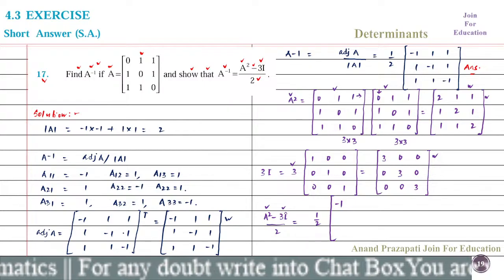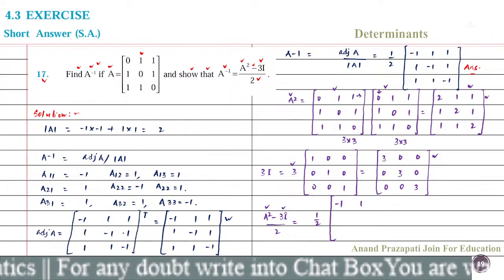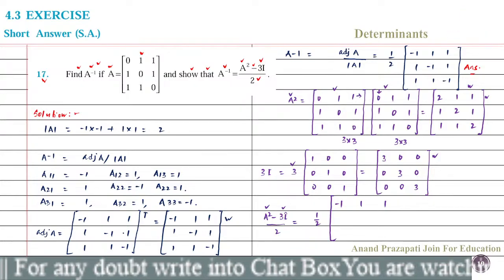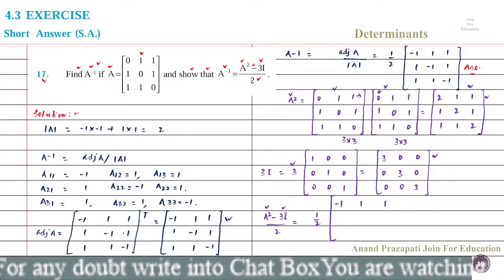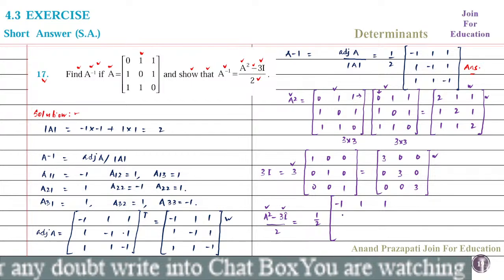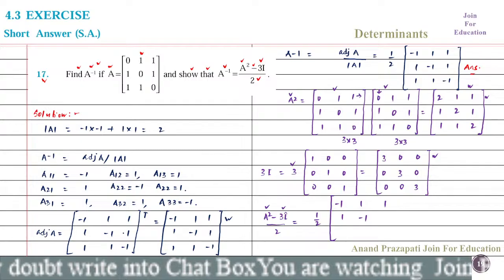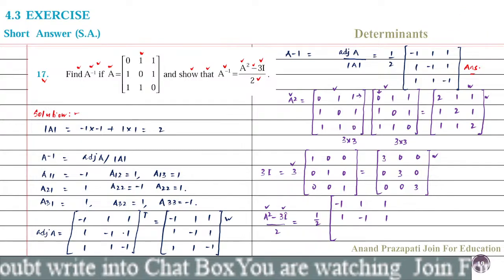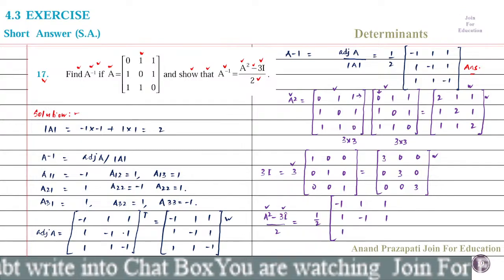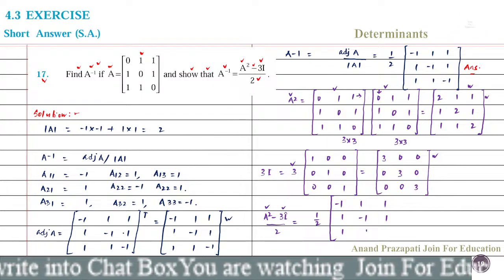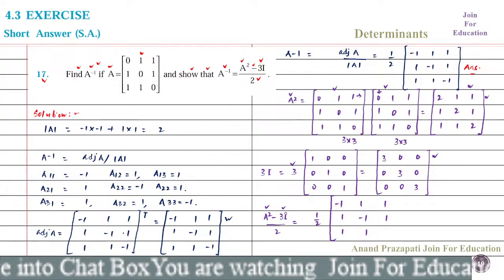So we write down here 1, and 1 minus 0 equal to also 1, and again 1 minus 0 equal to 1, and 2 minus 3 equal to minus 1, and 1 minus 0 equal to 1, and here 1 minus 0 equal to 1, and here 1 minus 0 equal to 1, and here 2 minus 3 equal to minus 1.